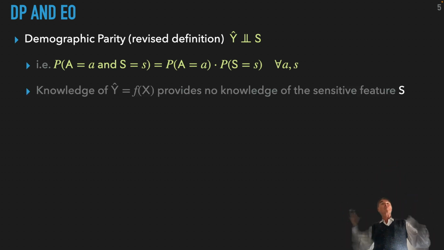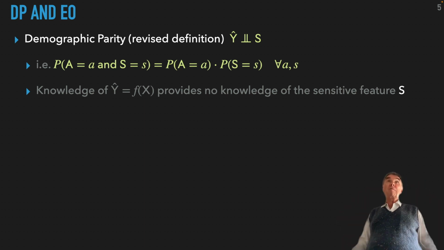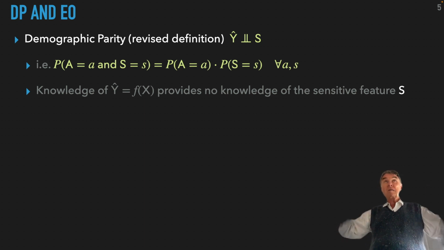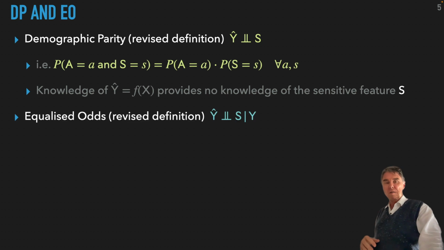So let's think of what it means in words. It means that knowledge of y hat, remember y hat is the output of our predictor, f of x, provides no knowledge of the sensitive feature s. No knowledge, I'm using that phrase in an arm-wavy sense. The precise definition is in terms of the independence.